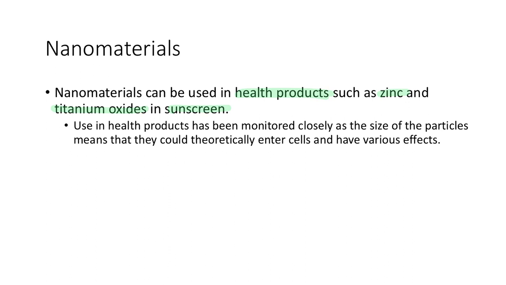You guys are all very young, but way back in my day, sunscreens used to be a lot thicker and a lot more white, so it would be a lot easier to see when people had sunscreened up. But now even your highest rating sunscreens are very transparent because they've got nanoparticles of zinc and titanium oxides in there, and those nanoparticles are A, transparent, and B, they do still block out lots of UV light, which protects your skin, which is good.